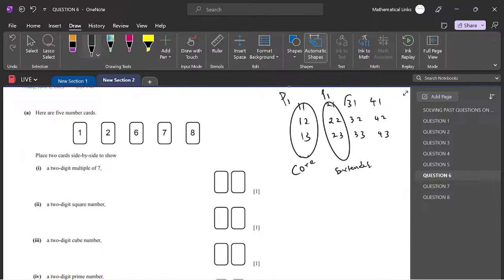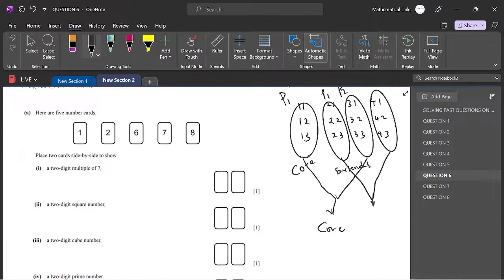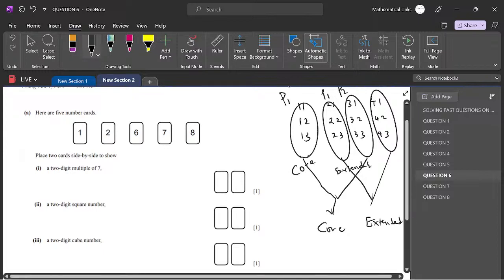Here 3 1, 3 2, 3 3 will be paper 2 for core students. So this and this are for core students, that is students that are below average, while this and this are for extended students, that is students that are above average.